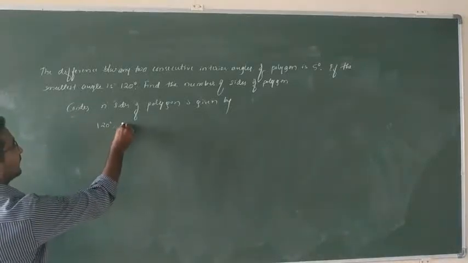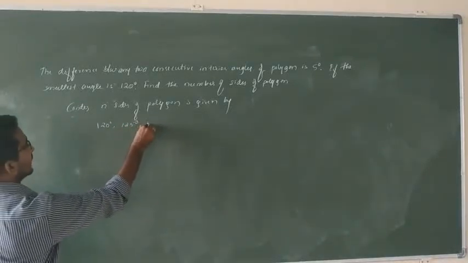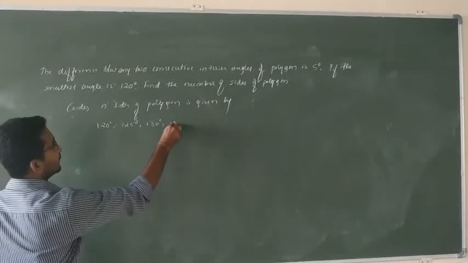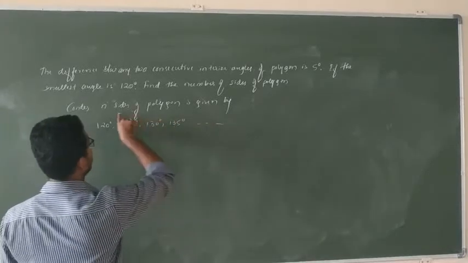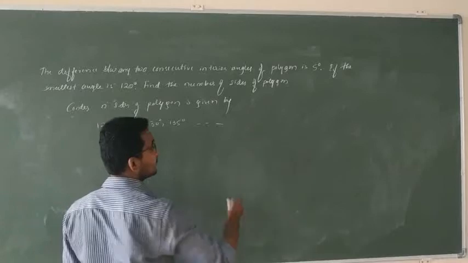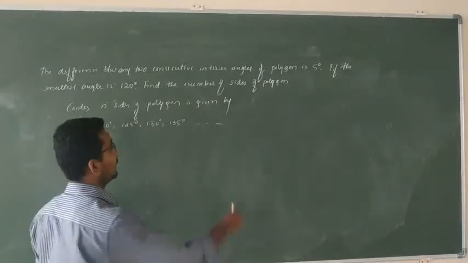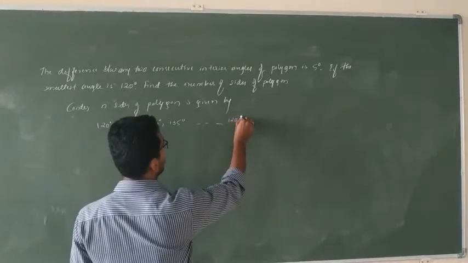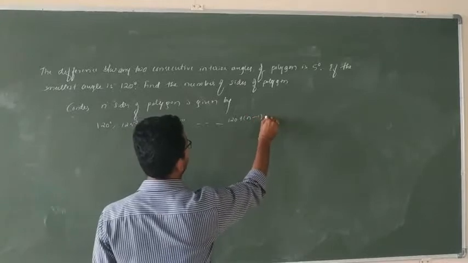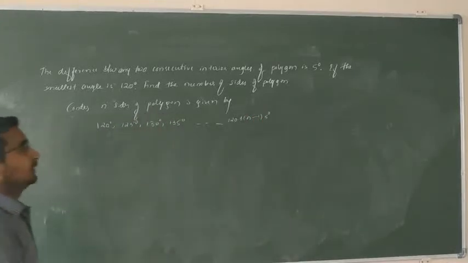If we add 5 degrees, then it is 125 degrees after 120 degrees. Then the nth term is given by 120 plus (n minus 1) into 5 degrees. That is Tn.